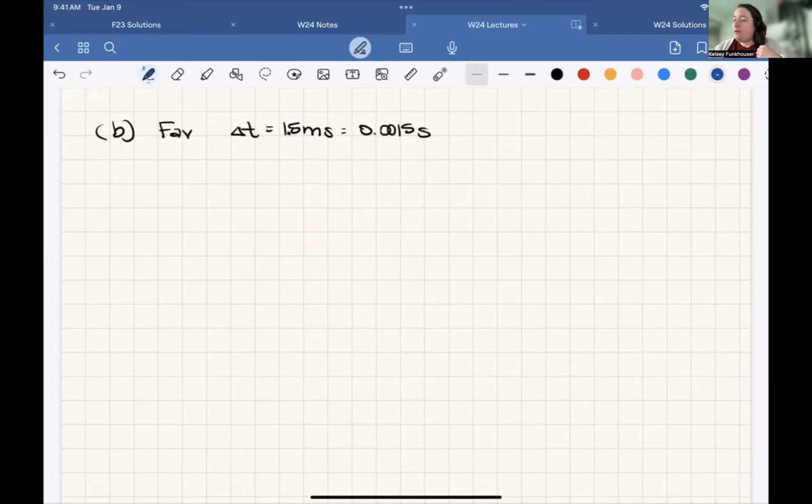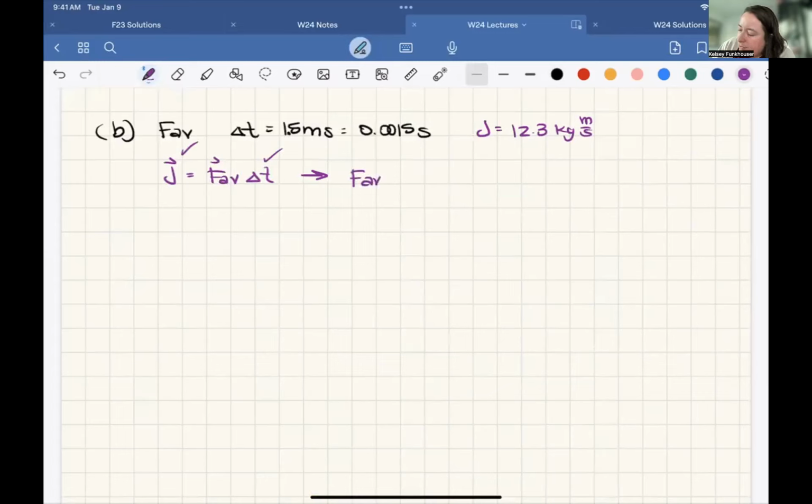And we know that the impulse is 12.3 kilogram meters per second. So we just learned impulse is the average force times the time interval. And if we want to find the average force and we have this and this, we just divide both sides by the time interval.